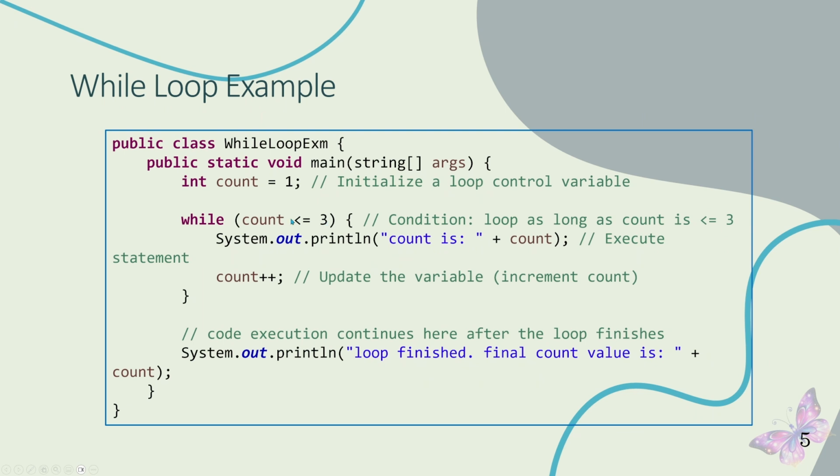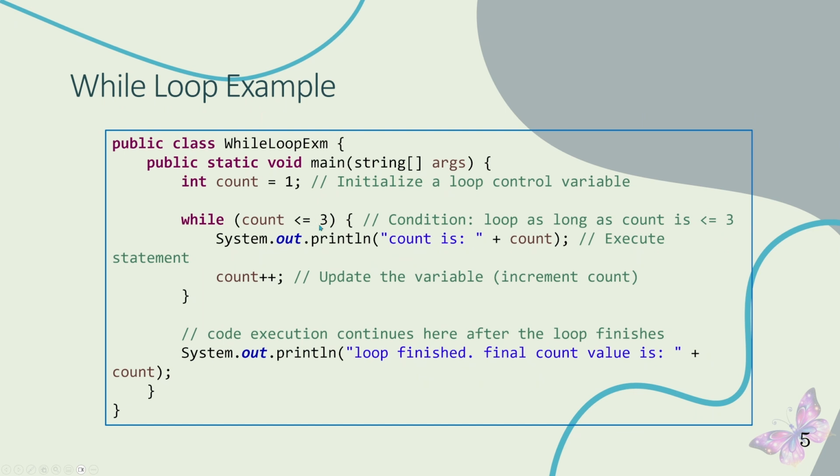This will print the count value as long as the count value is less than or equal to 3. Then this is the update variable. You put an increment here on count.